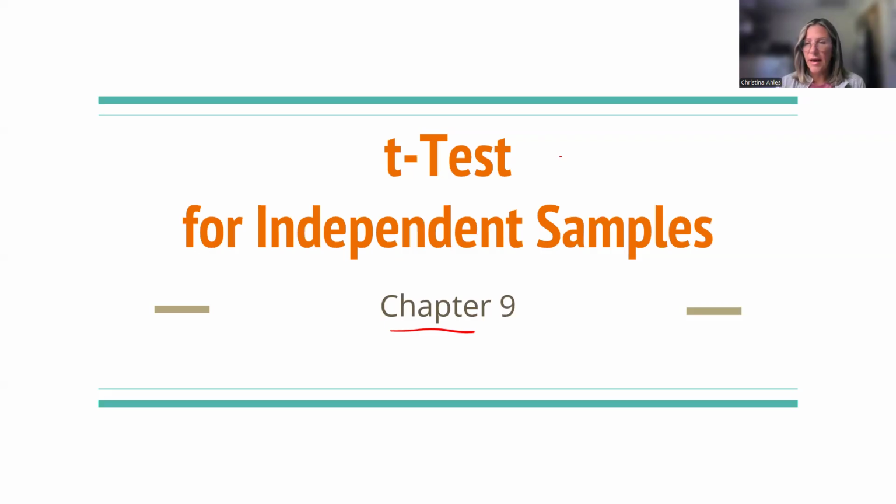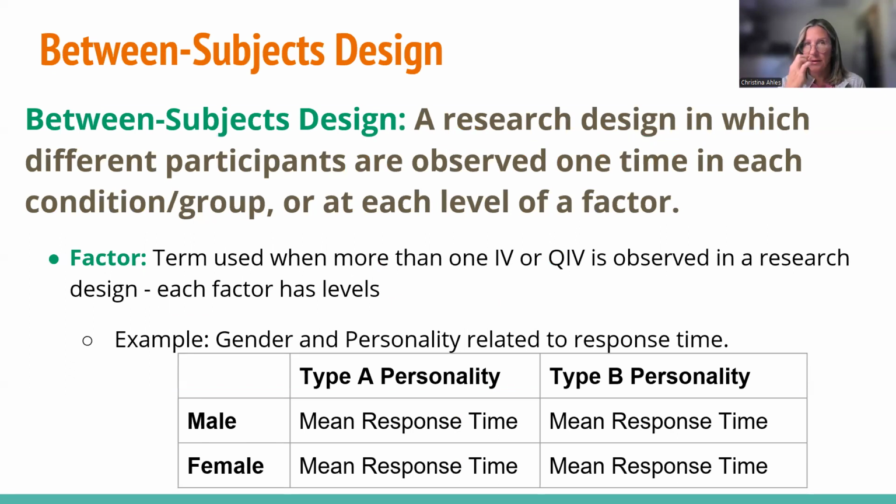So let's talk about why we would use an independent measures or independent subjects t-test. An independent t-test falls under the category of what's called a between subjects design. So the t-test is a hypothesis test, a statistical analysis within a between subjects design.